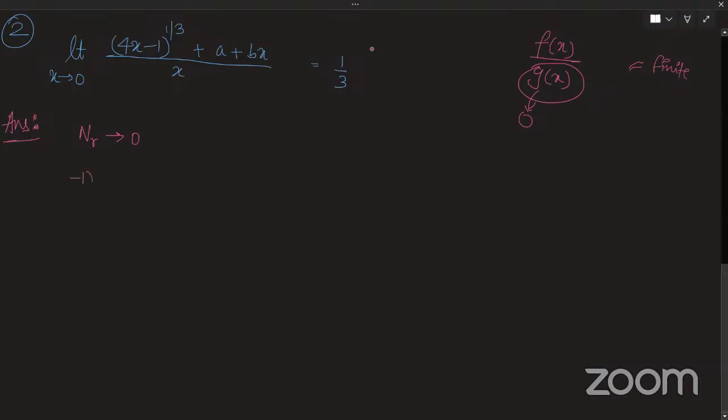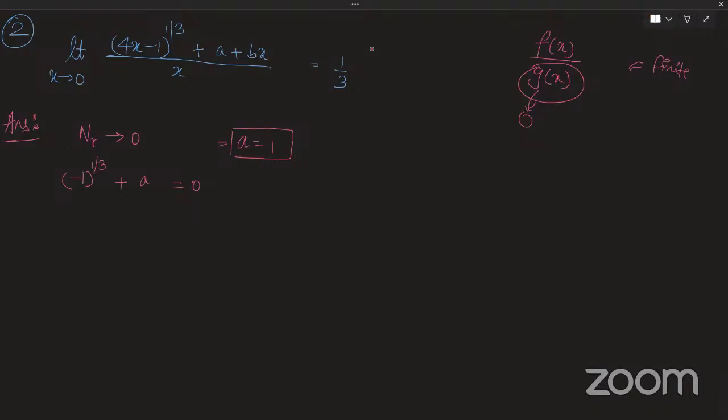So minus 1 raised to 1 by 3 plus a plus b into 0. So that's it as it is. So minus 1 raised to 1 by 3. What is it? Cube root of minus 1. What is the cube root of minus 1?